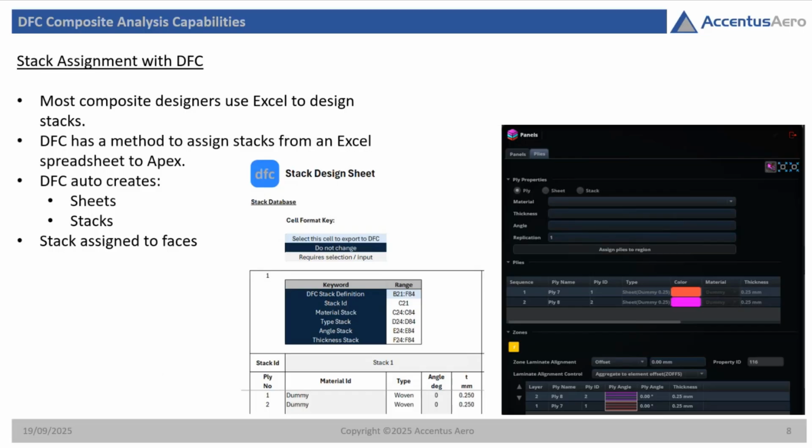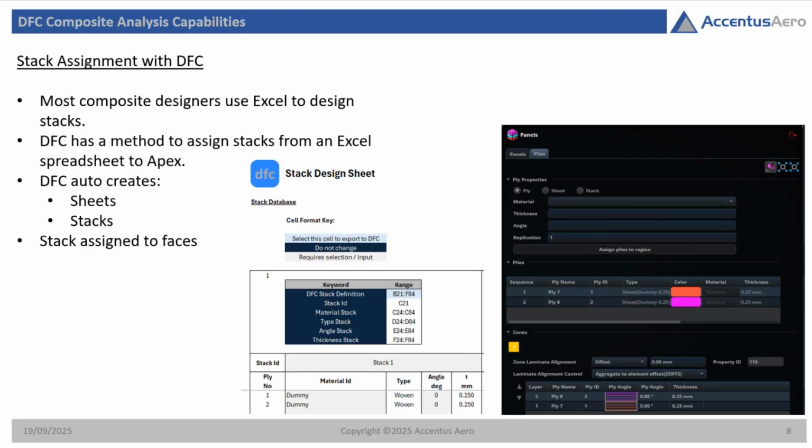The next example is to do stack assignment with DFC. Most composite designers use Excel to design the stacks by defining the material, thickness, and ply angles in an Excel spreadsheet.